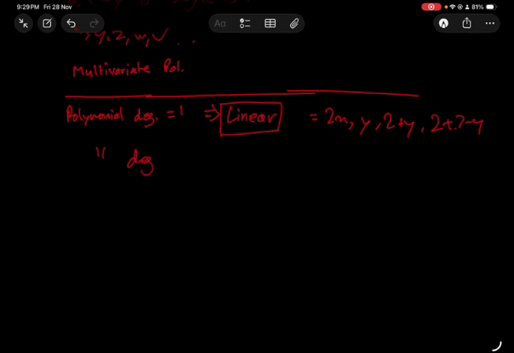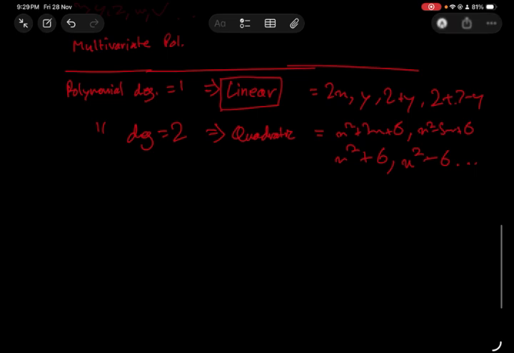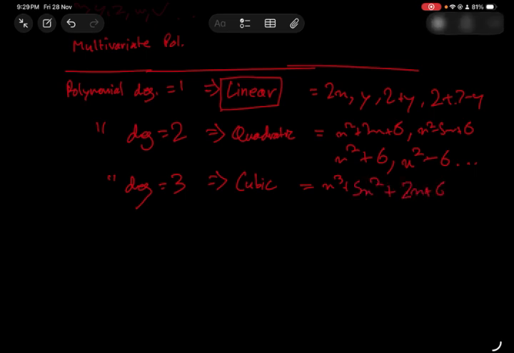A polynomial with degree of 2 is called a quadratic polynomial. Quadratic, like x square plus 2x plus 6 are handy examples. x square minus 5x plus 6, x square plus 6, x square minus 6, etc. A polynomial with degree of 3 is called a cubic polynomial, like x cube plus 5x square plus 2x plus 6, x cube minus 6x plus 6, etc. Or even x cube.